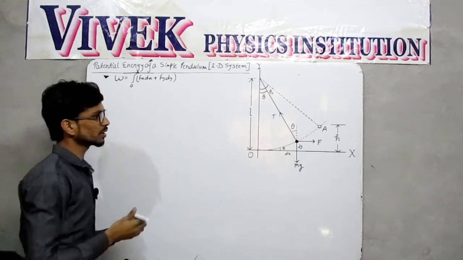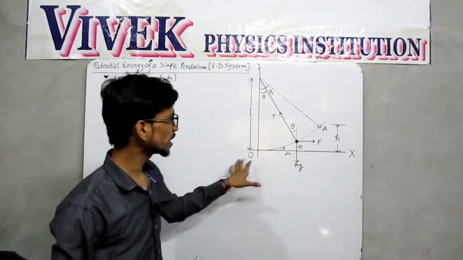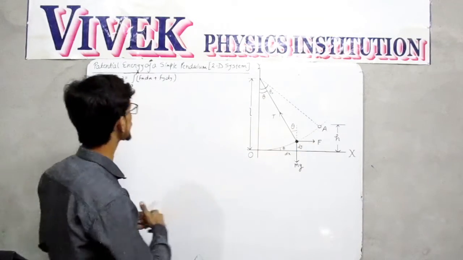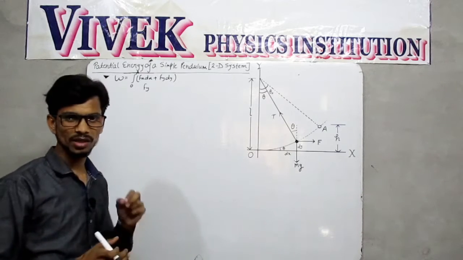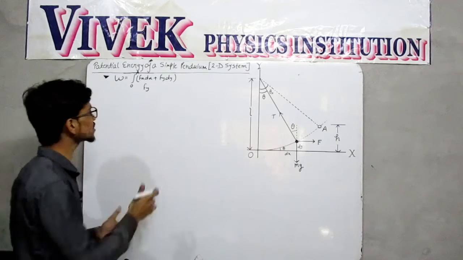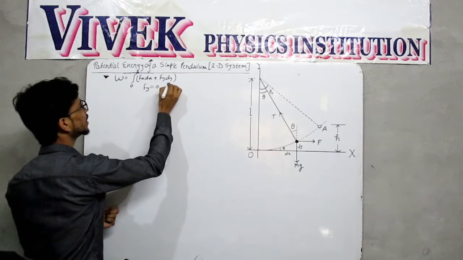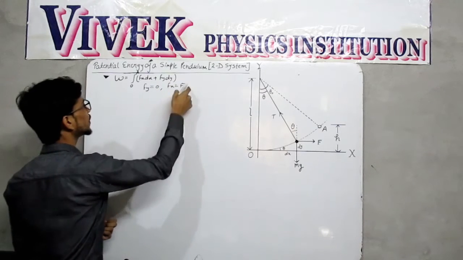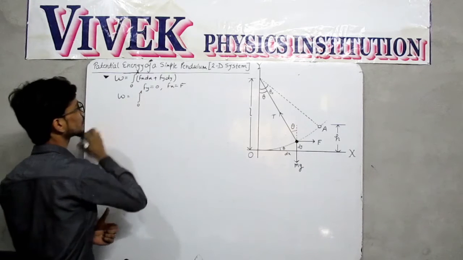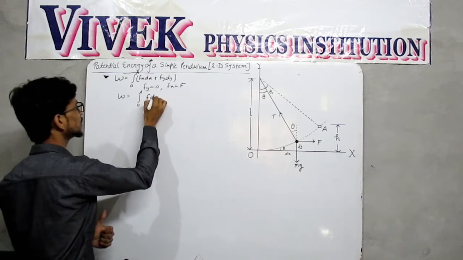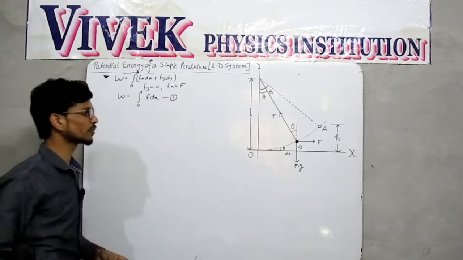But as I said, this is a horizontal force, so Fy, the force on the y-axis, the vertical axis, is simply equal to 0, and let Fx equal F. By putting this value in our equation, we get the integral from 0 to A of F dx. Let this be equation 1.